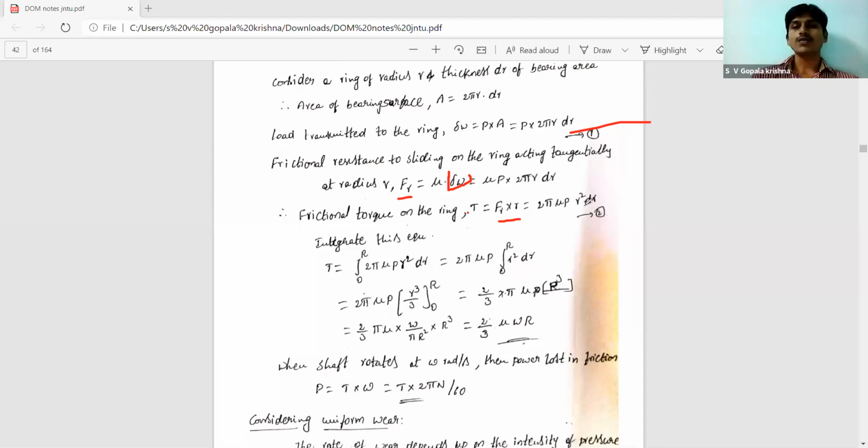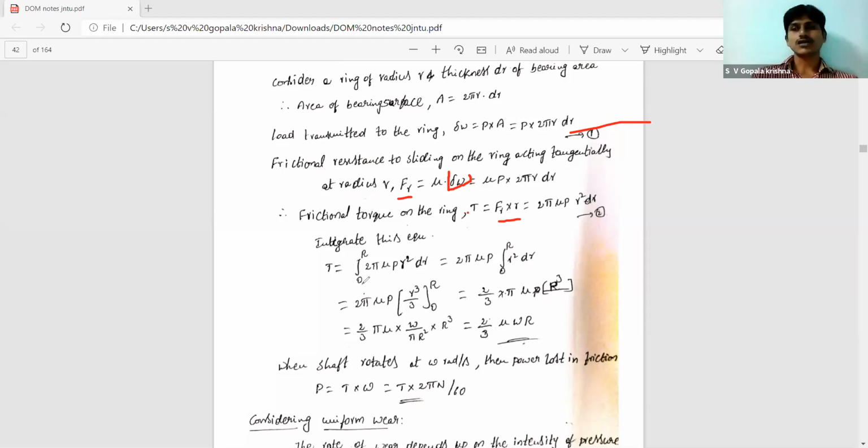But we need to calculate the total frictional torque. For getting the total frictional torque, we take the integration. What are the limits? 0 to R. Why?